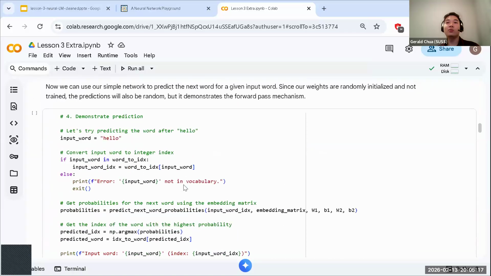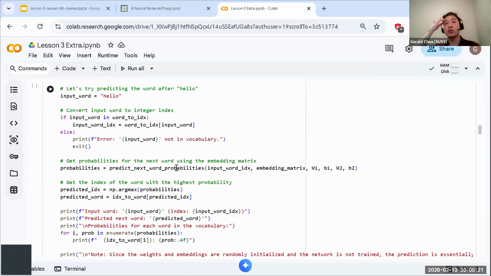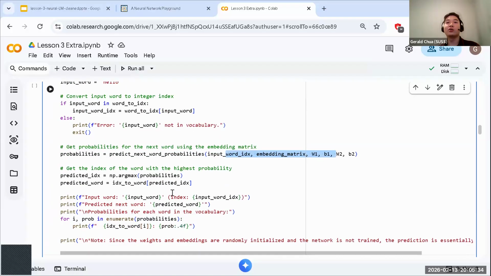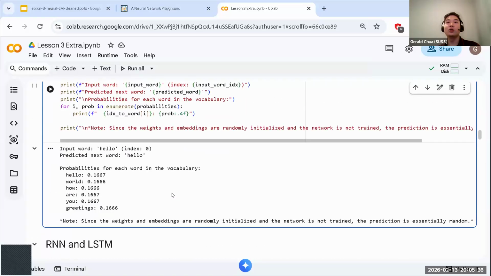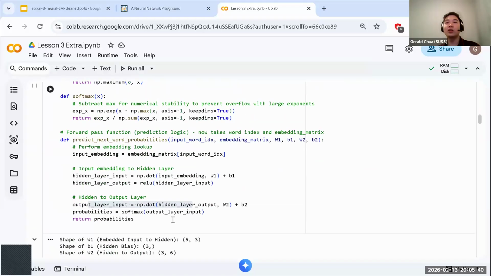So basically what is happening is that you're not meant to understand the code, but I'm just showing you certain ways of writing it. When you're doing probabilities, predicting the next word, you are giving it the embedding matrix, you're giving it certain mathematical values lah. Then it will do some form of prediction that way lah, so you can see it. This one is more of the hidden math behind this.